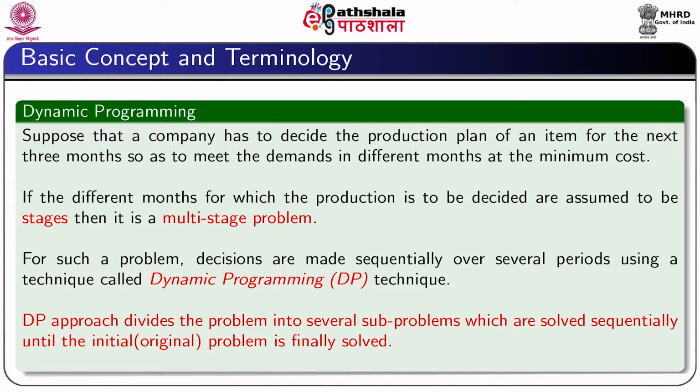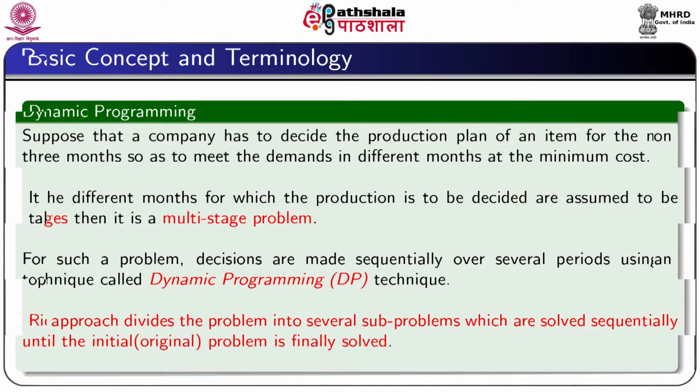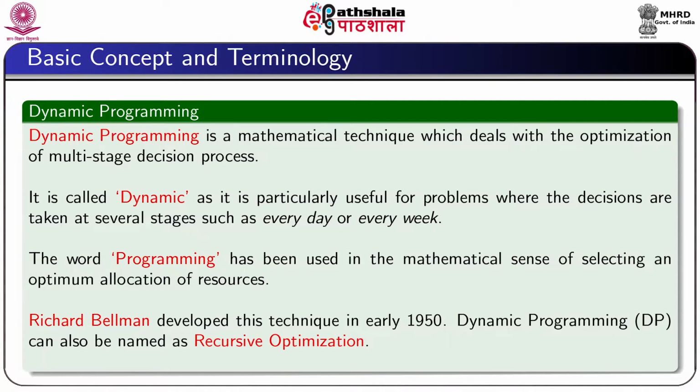The characteristic of dynamic programming model is expressing the decision problem by means of a recursive formulation. Thus, dynamic programming is a mathematical technique dealing with the optimization of multi-stage decision process.